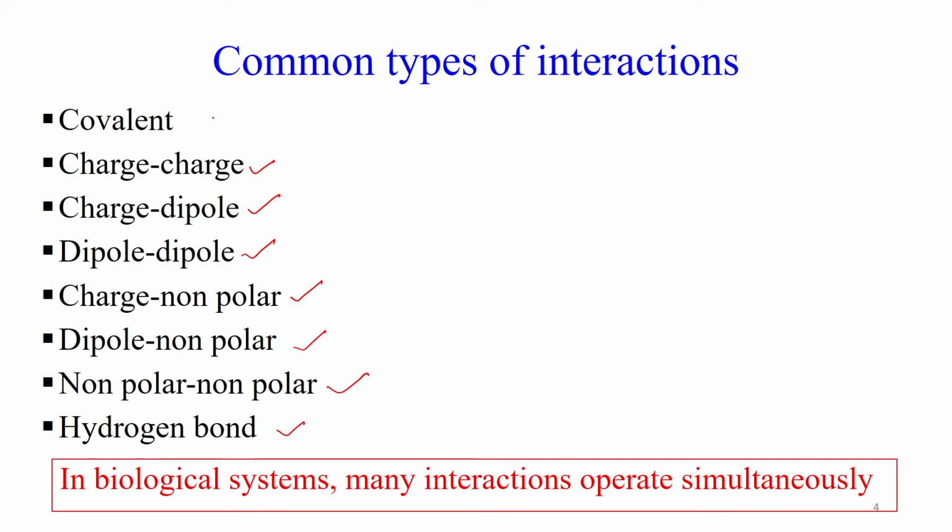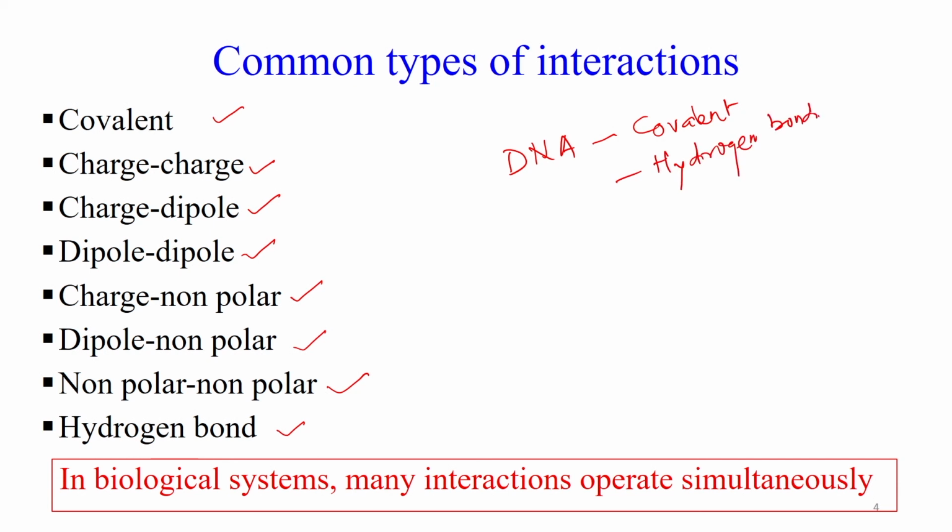These are a few important common types of interactions, and especially in biological systems, many of these interactions operate simultaneously. If you take the example of DNA, it simultaneously has covalent linkage and hydrogen bonds.